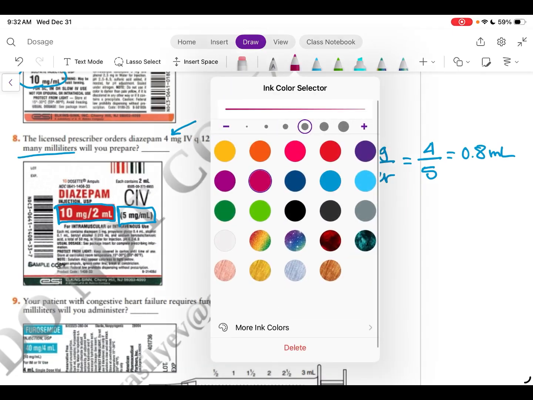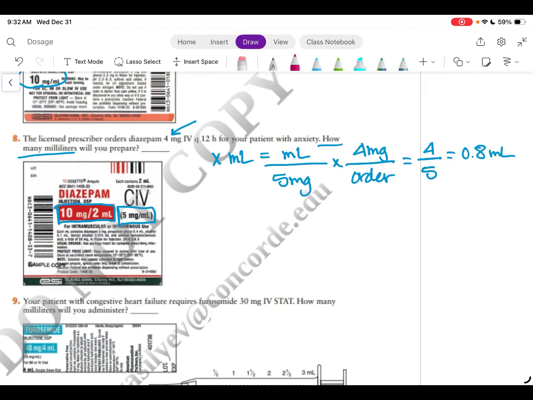And let me switch back to a different color. We'll do the same thing, just using the dosage in the red box on the label. 2 milliliters, 10 milligrams. So now you have to do 2 times 4 and divide it by 10.